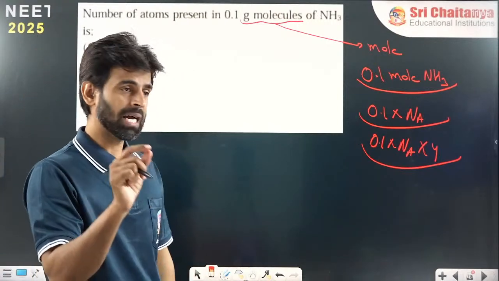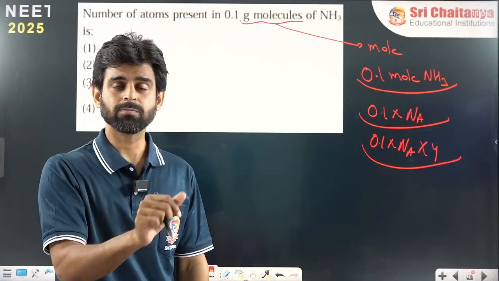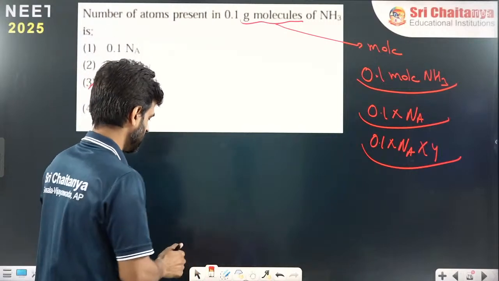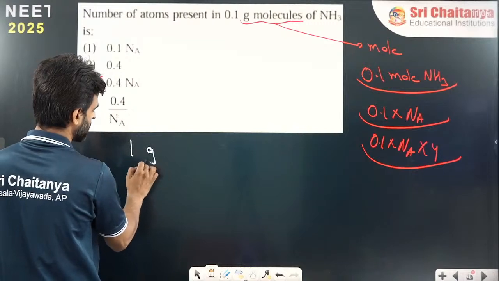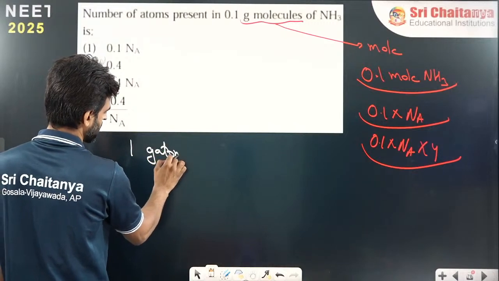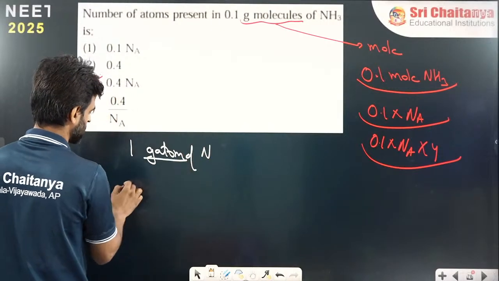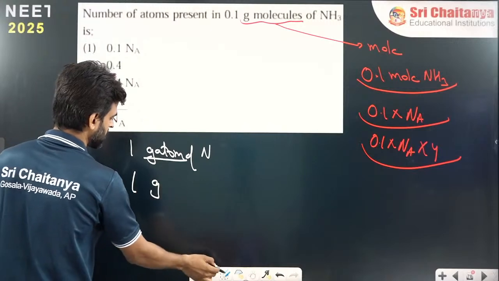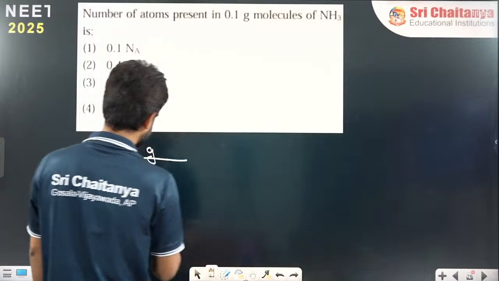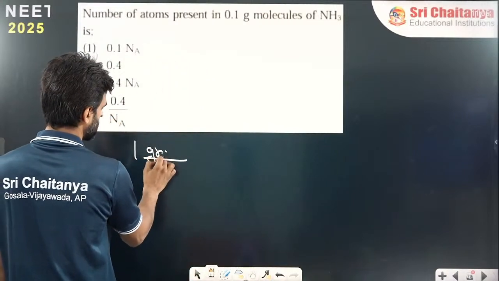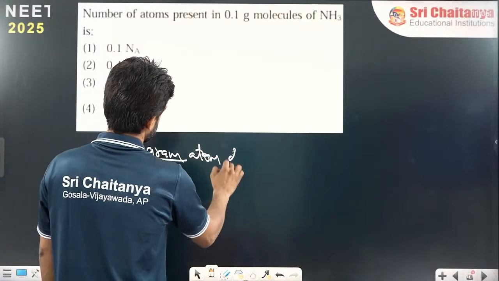Remember again, gram molecule means mole. Gram atom means mole. Gram ion also means mole. For example, I can say I have 1 gram atom of nitrogen, it means 1 mole of nitrogen.